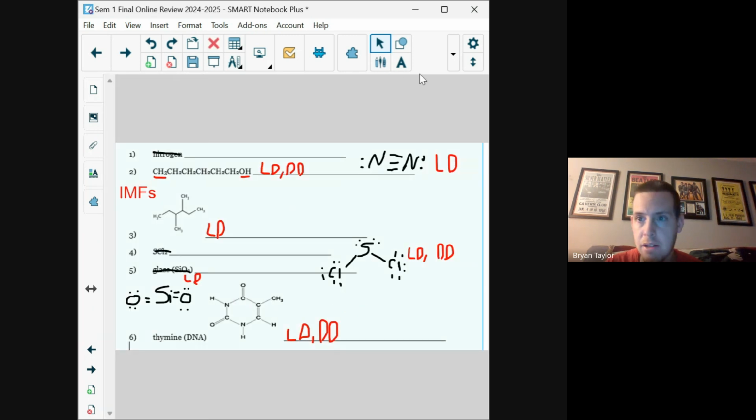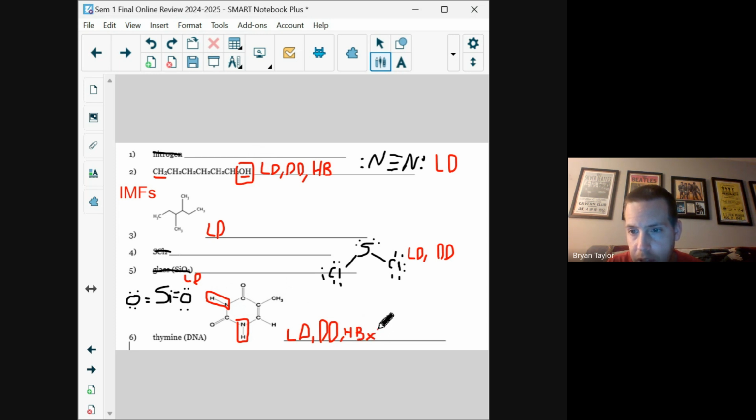So if we go back to this, we're looking for HO, HN, and HF. So this one has it. This one does not. This one doesn't. This one doesn't. This one does. I see it right there. Here's a site. This one also has hydrogen bonds.